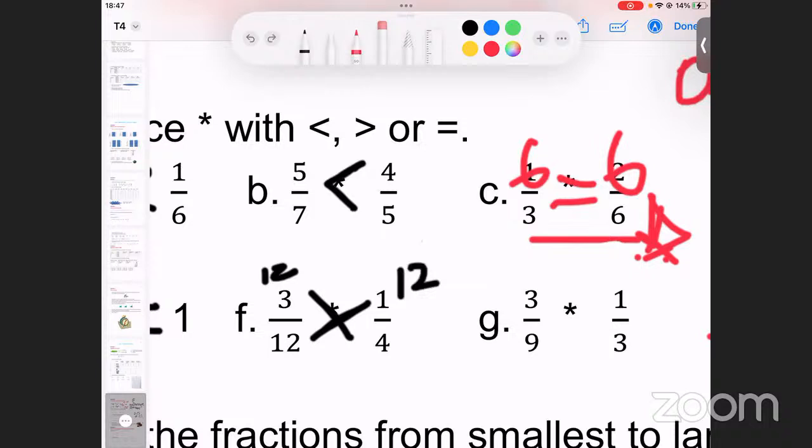Then I'm going to see that 3 over 12 is equivalent to 12, and then 1 over 4 is equivalent to 12. Then 1 over 4, which is greater than.